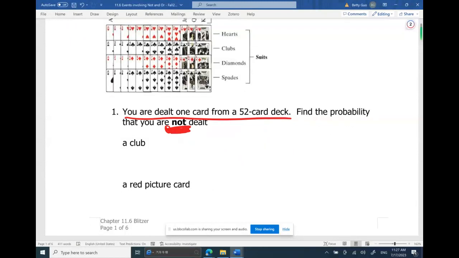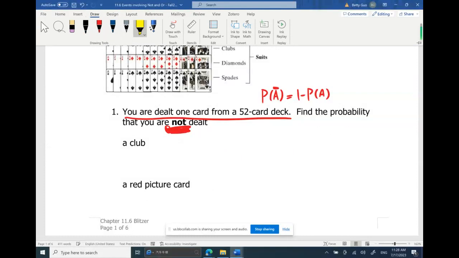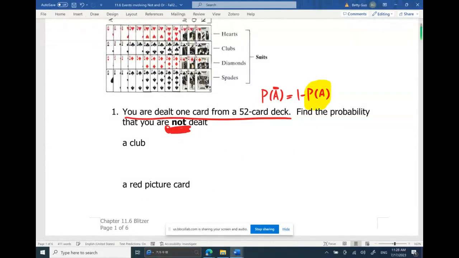Since the probability of A bar, sometimes I use this notation, or sometimes the other notation, the probability of the complement of A equals 1 minus the probability of A. If finding the probability of A is easier than directly finding the probability of A bar, then we should use this formula.